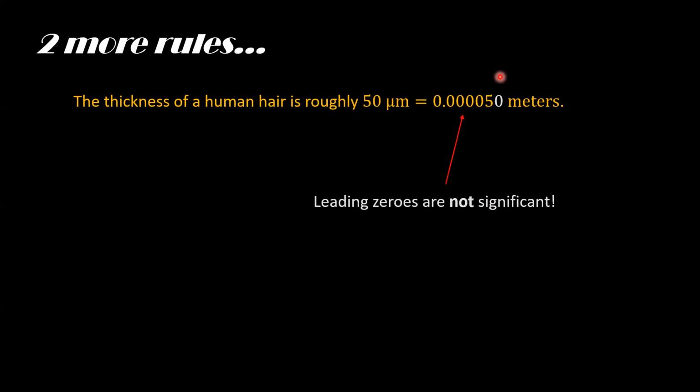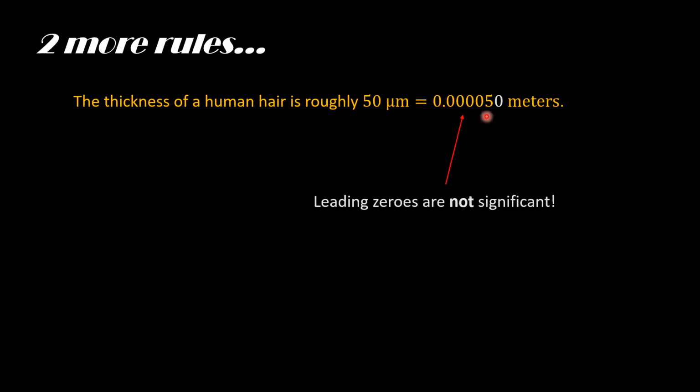Now, what about this trailing 0 here? If you choose to write it after the decimal point, that indicates that it is significant. Remember the rule? Trailing zeros are significant if they come after a decimal place. Here, there's no decimal point. So if I were to interpret this, I would say it's just got 1 sig fig. Here, I would say it's got 2 sig figs.